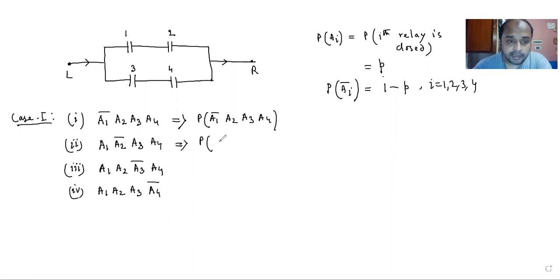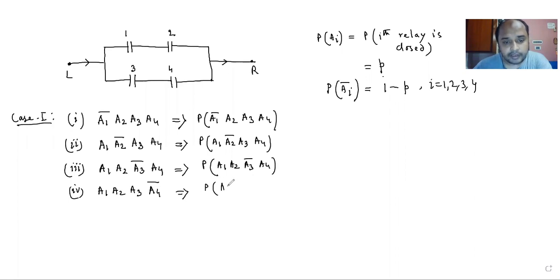Probability of A1, A2 bar, A3, A4, I want to calculate. Here I want to calculate the probability of A1, A2, A3 bar, A4. And lastly, here I am going to calculate the probability of A1, A2, A3, and A4 bar. But at this moment, we are stuck with a problem.